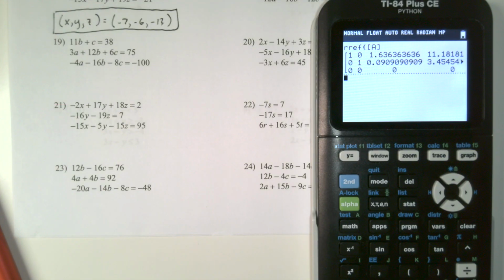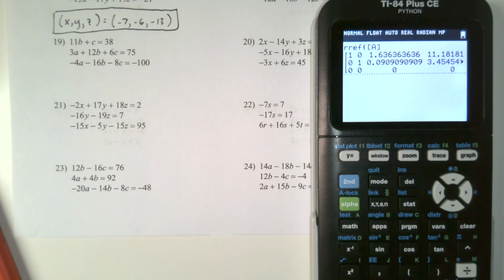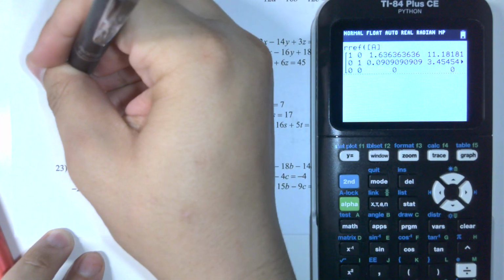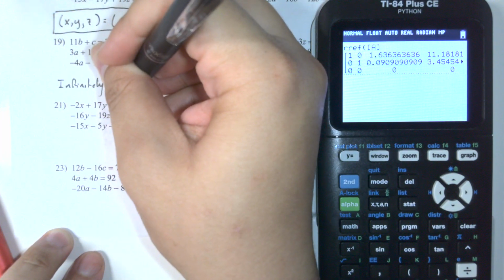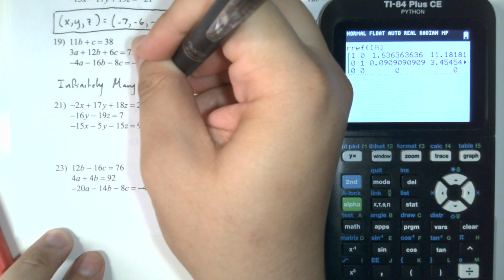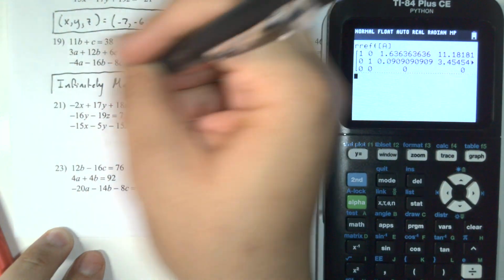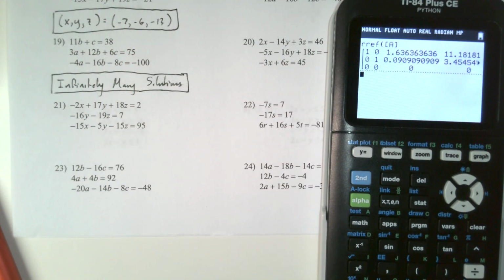And this one has funky numbers, but notice that we have that bottom row of zeros, and so it is infinitely many solutions. And there we go.